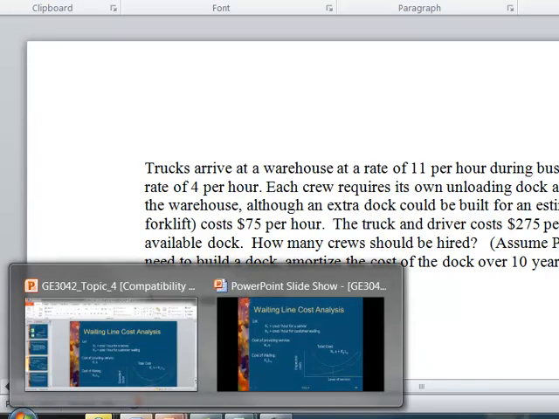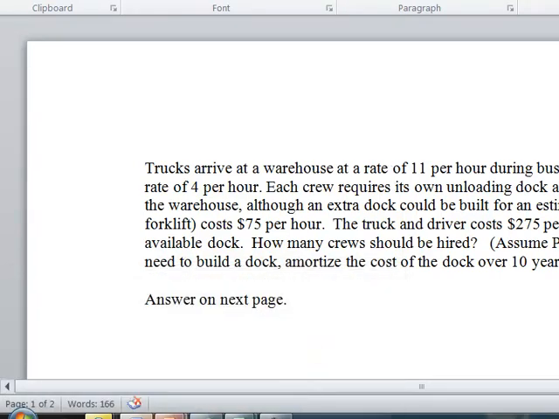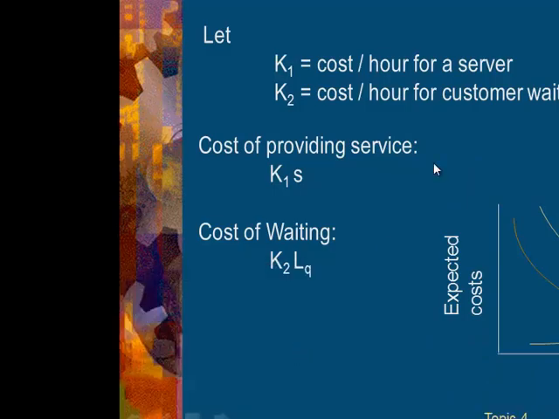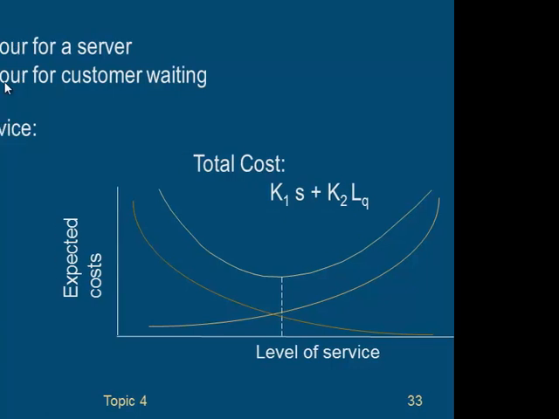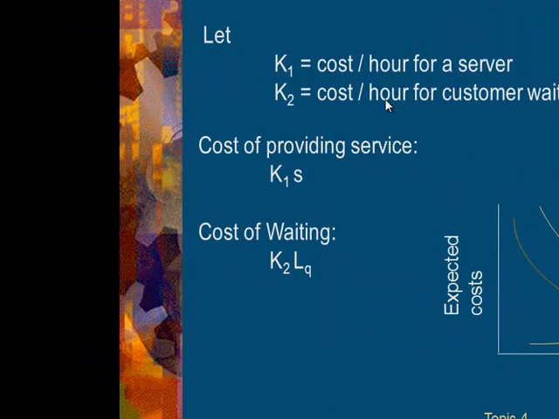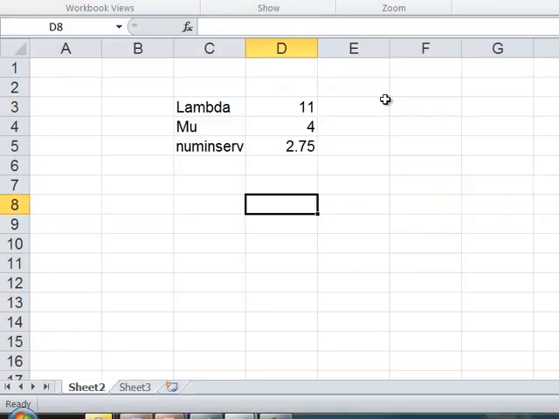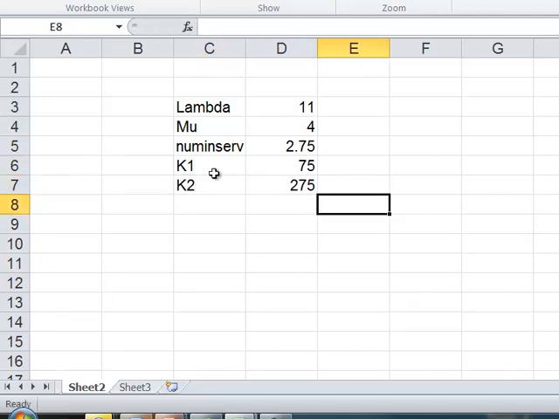The truck and driver cost $275 per hour. Those are the parameters we have here. K1, cost of a server, is $75 per hour. K2, cost of customer waiting, is $275 per hour. So let's get those recorded into our spreadsheet. K1, $75 per hour. K2, $275 per hour.